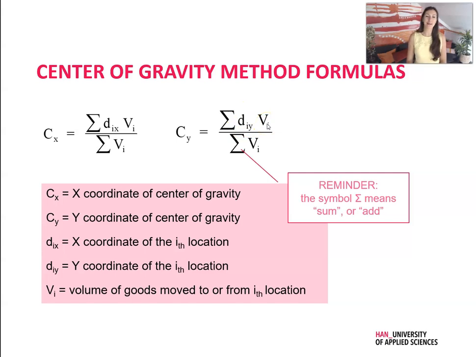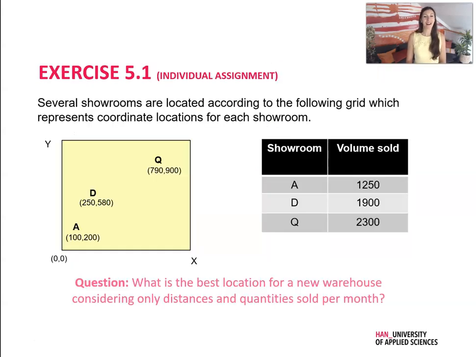Again, let's look at how this works in practice. We have an example with several showrooms. We have 3 showrooms located in this grid: showroom A, D, and Q, with these specific coordinates. You see how we have a y-axis and an x-axis. A would be located at 100x and 200y.